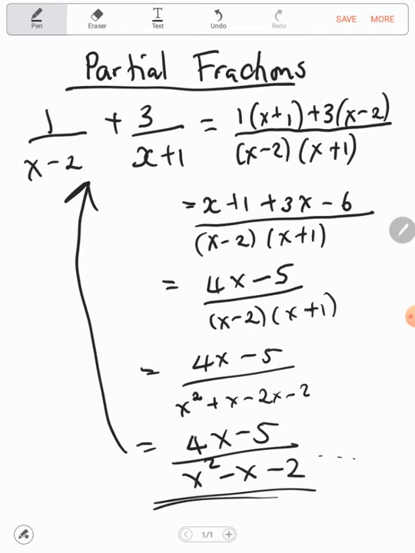Sorry about that. So this is the process that we're going to be dealing with.